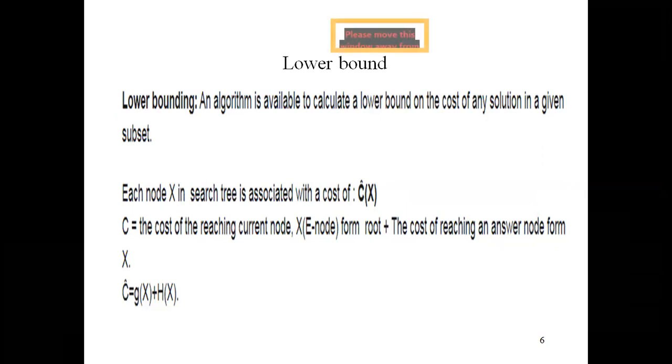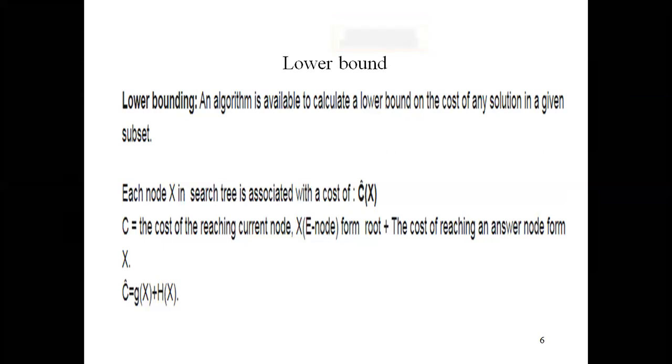Then the estimated cost of that particular node X is C cap of X. So C cap is the estimated cost of that node X to reach the solution node. C means the cost of reaching the current node X, the E node, from the root, plus the cost of reaching an answer node from X.